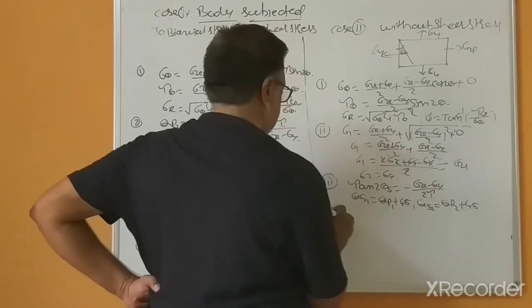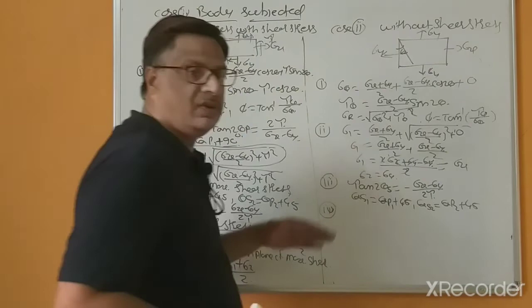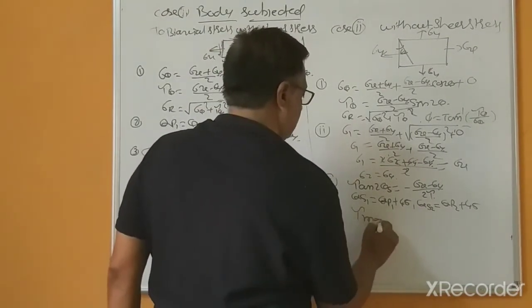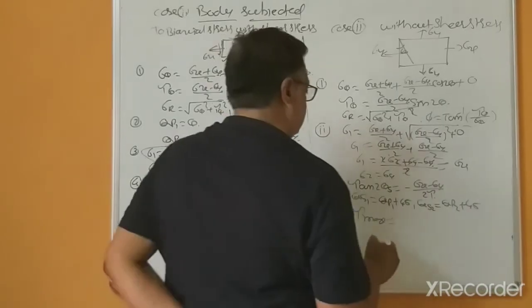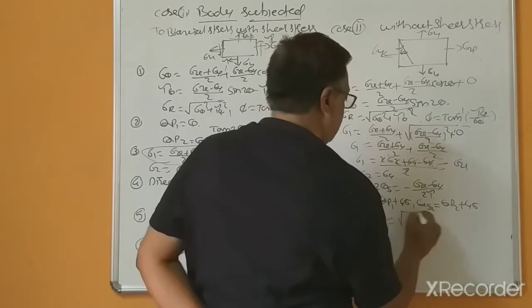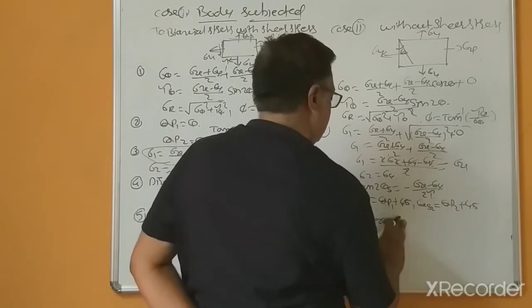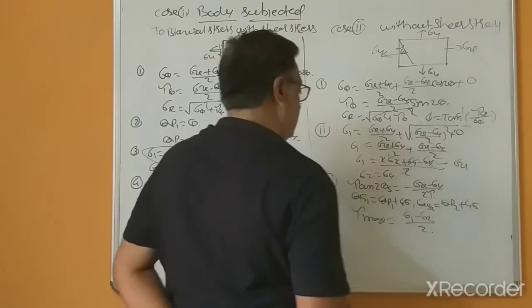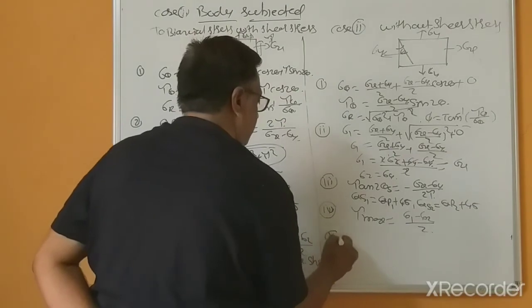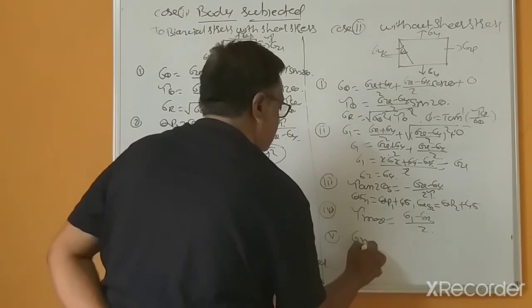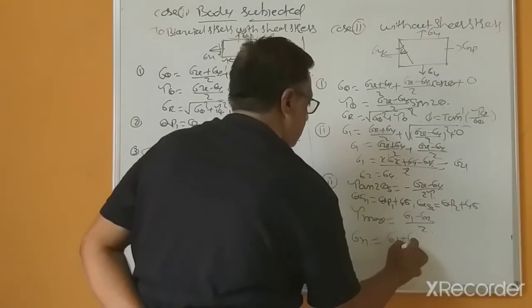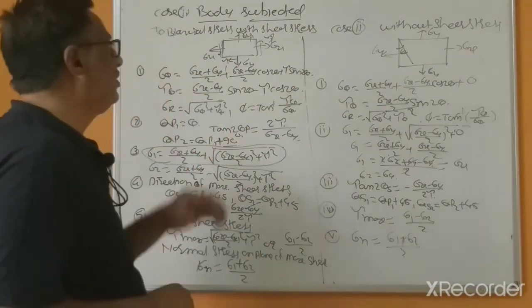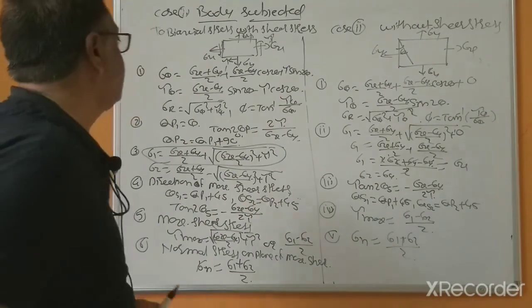Fourth bit, maximum shear stress equals under root, now you can write only sigma x minus sigma y, divided by 2. And fifth bit, sigma n equals. So this is for the case without shear stress.